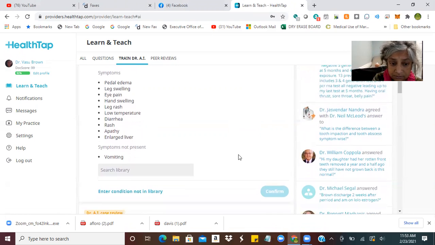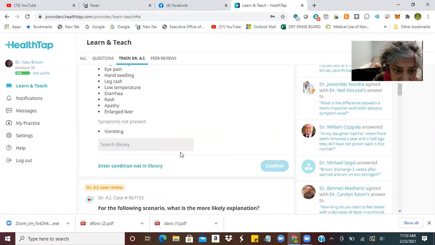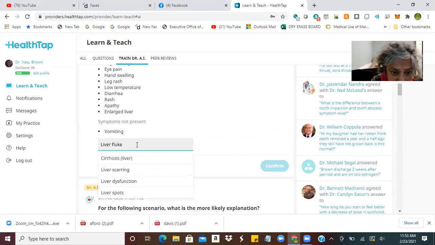We go down, search library, enter condition not in the liver, see what it comes up.